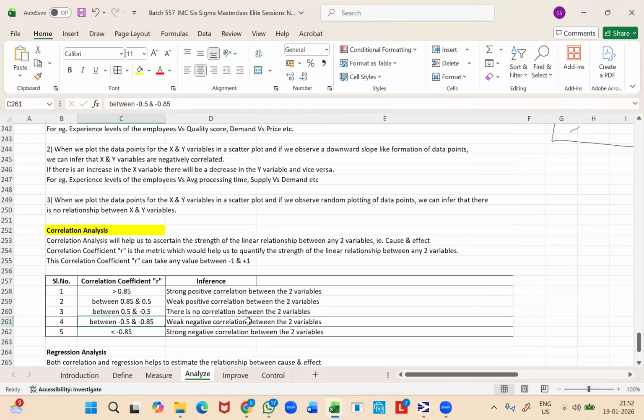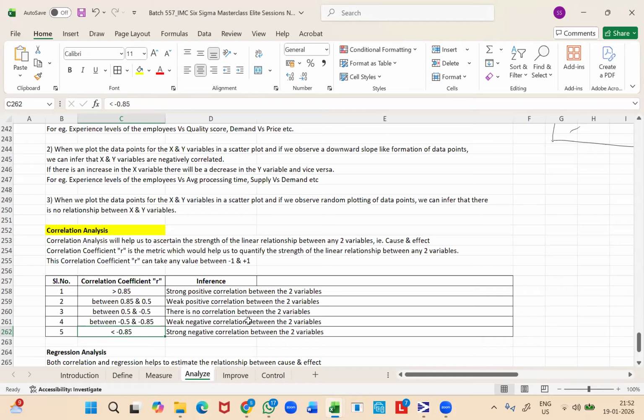Finally, if the correlation coefficient value is going to be less than minus 0.85, which means it is closer to -1, then we will say that there is a strong negative correlation existing between the two variables.